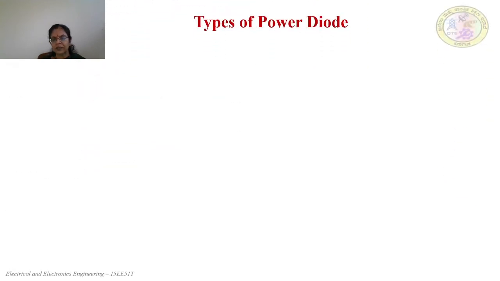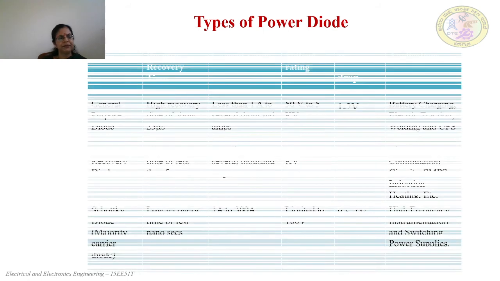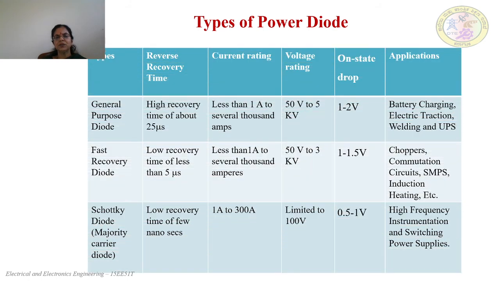Now we'll look into the different types of power diodes that are available: general purpose diode, fast recovery diode and Schottky diode. The parameters taken for consideration are reverse recovery time, current rating, voltage rating, and on state drop.